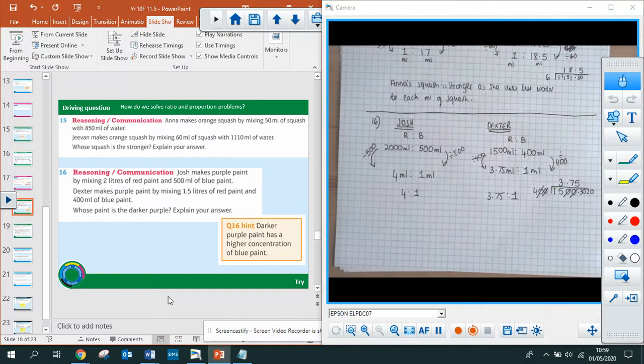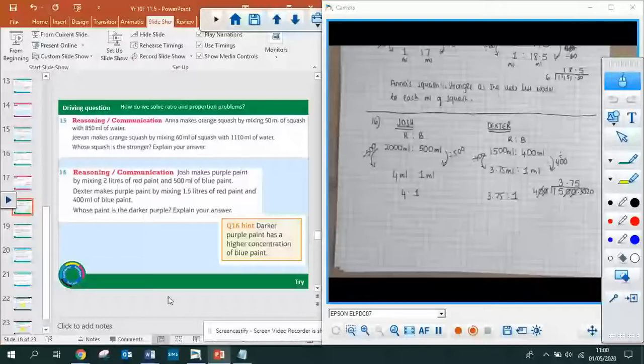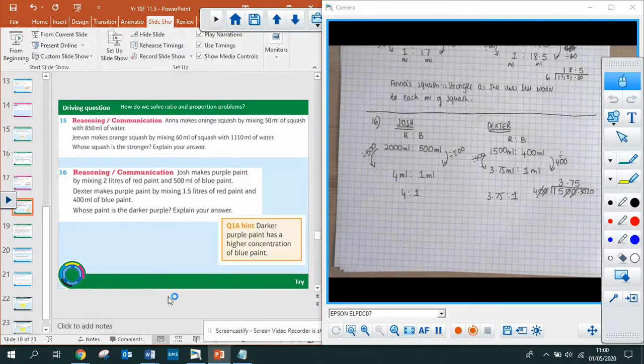And the question says, whose paint is darker? Explain your answer. So whose paint is darker? The hint said darker purple paint has a higher concentration of blue paint. Okay?